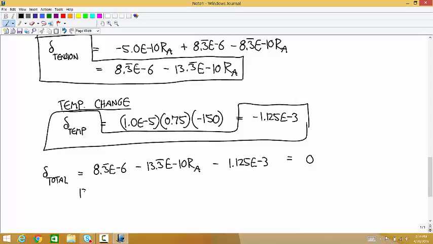So 13.3 times 10 to the minus 10th RA is equal to 8.3 repeating times 10 to the minus 6 minus 1.125 times 10 to the minus third.